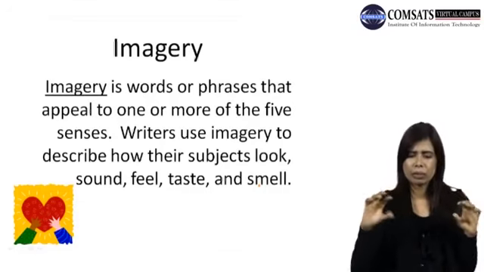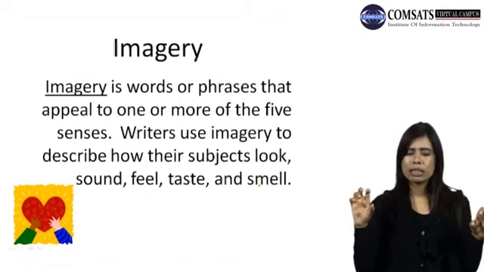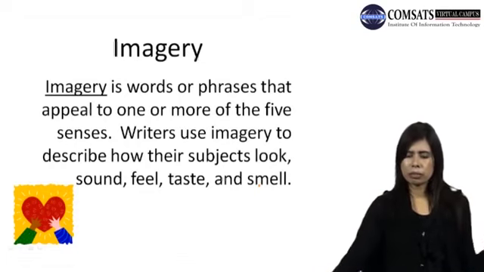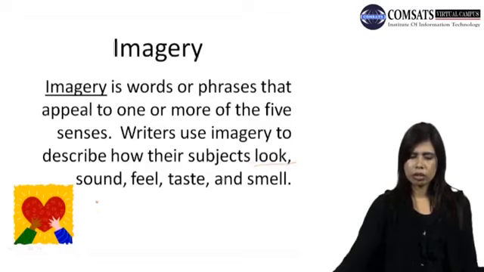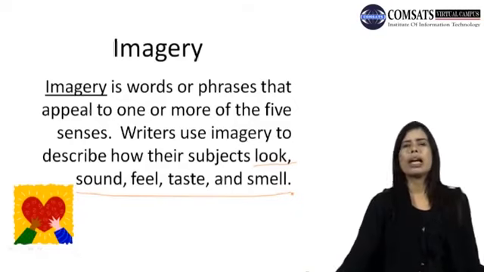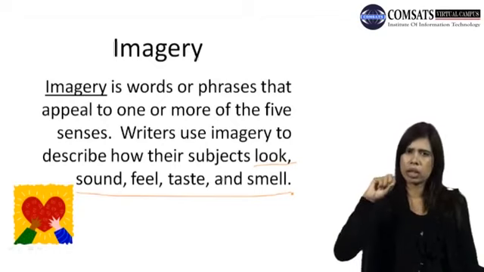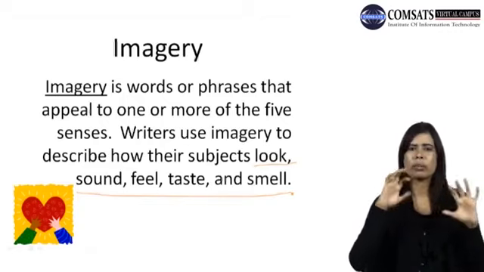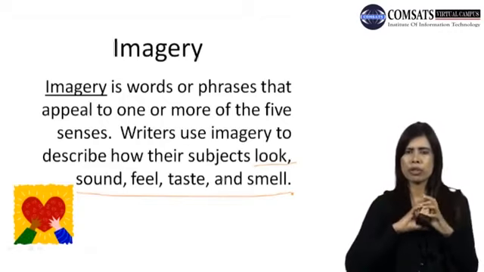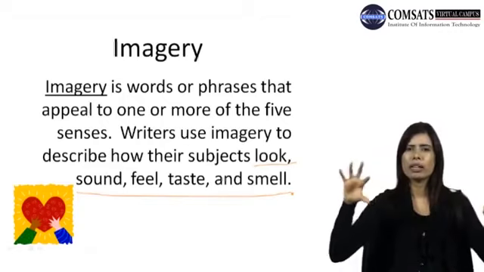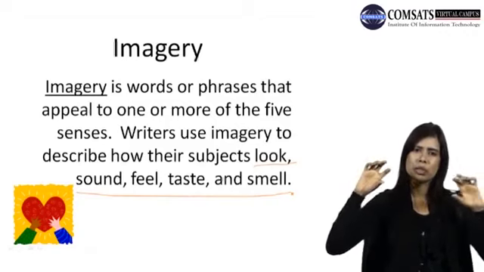Writers use imagery to describe how their subjects look, sound, feel, taste and smell. So here you can see, my dear students, these are all our senses. If you are talking about any particular dish in any work, for example an Italian dish, you have to create that kind of smell.